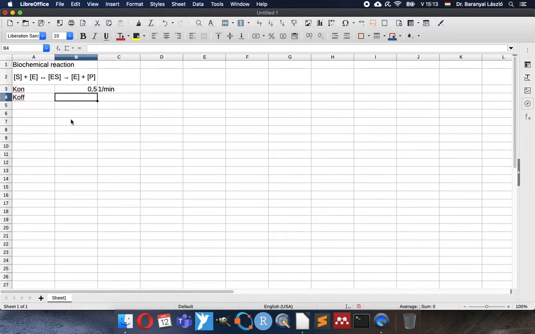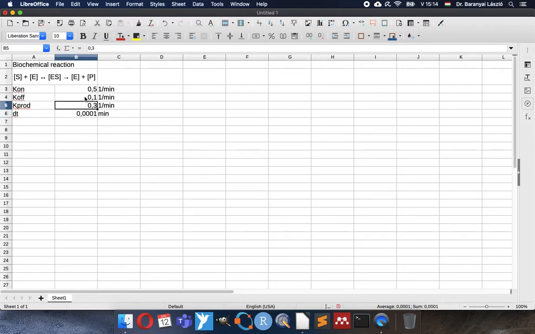The off will be 0.11 per minute, and the production will be 0.31 per minute. And of course we need a time frame, and the time resolution I suggest initially to get thousandths part of the smallest value. It will be in minute.